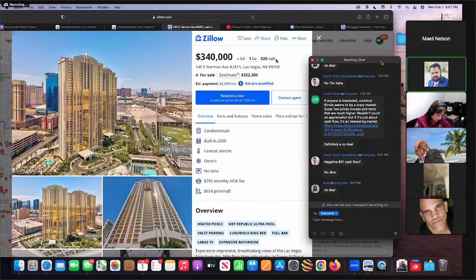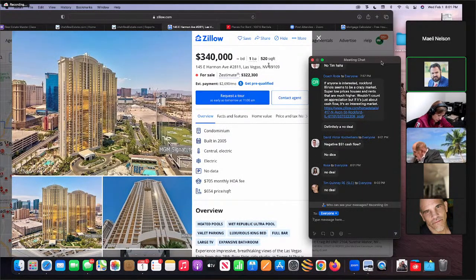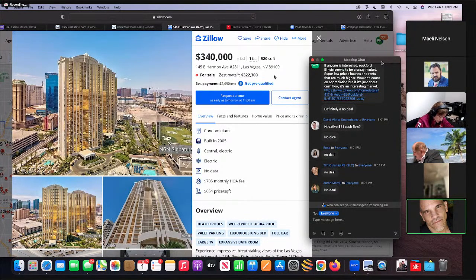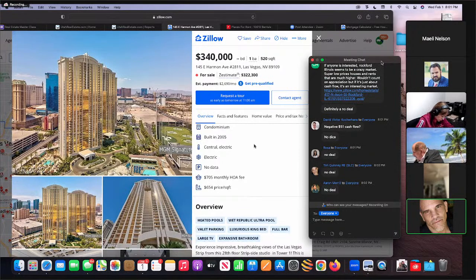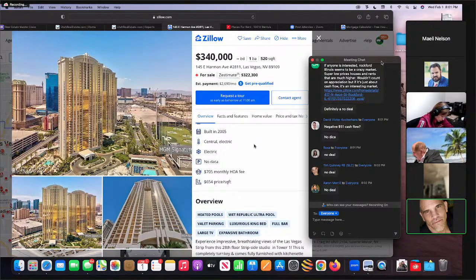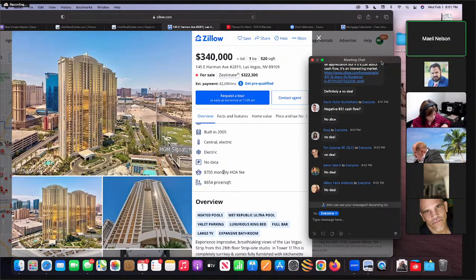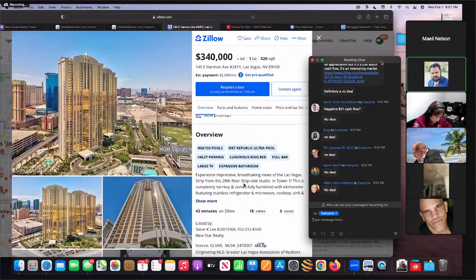Only 540 square feet. Okay, cool. 25 seconds left. And we don't know how many bedrooms it is. It's a studio. Oh, okay. Okay, so $700 a month. It's a little pricey, I guess, for a studio, but hey, you get what you pay for. 3, 2, 1, and pencils down.